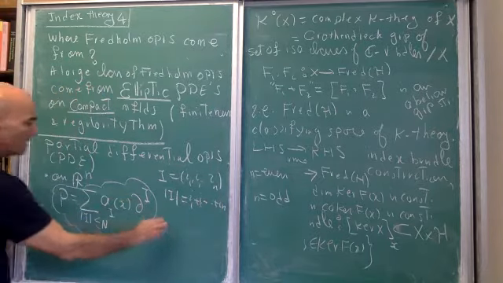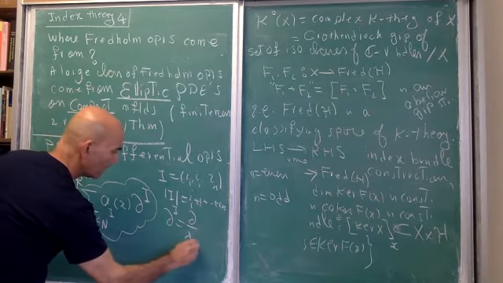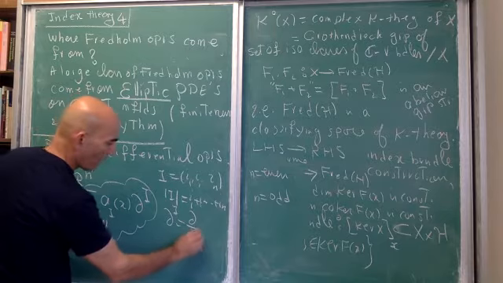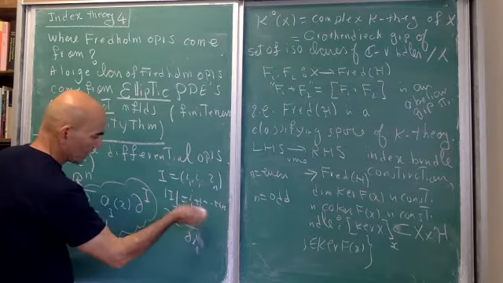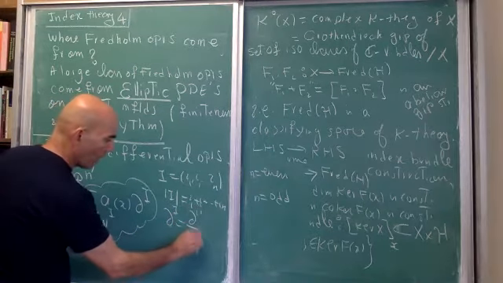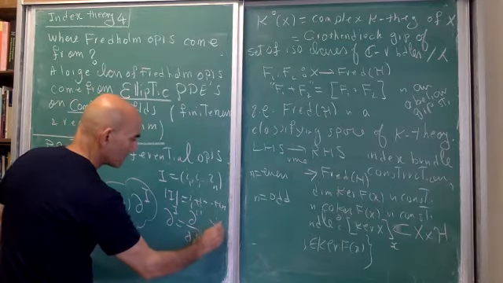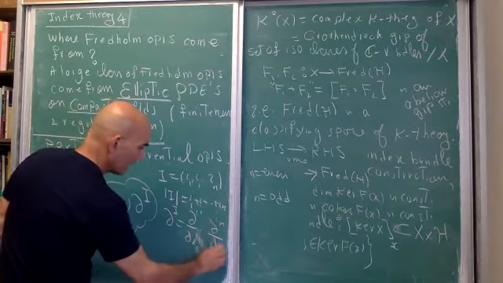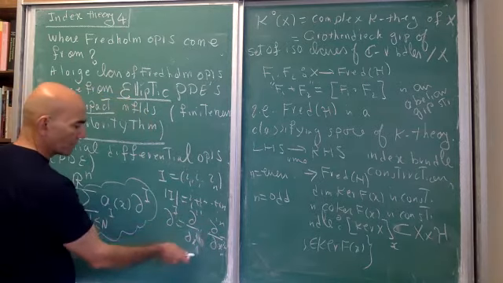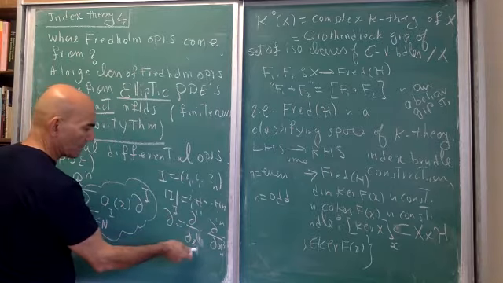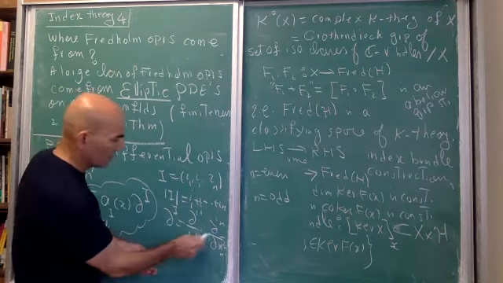And then ∂^I means ∂^{I1}/∂x1^{I1} up to ∂^{In}/∂xn^{In}. So what you do, you take partial differentiation I1 times with respect to x1 and up to In times with respect to xn, and multiply them. You know these operators commute.